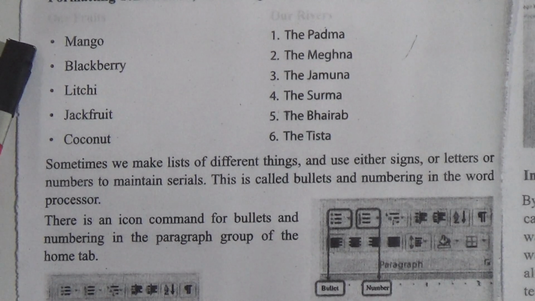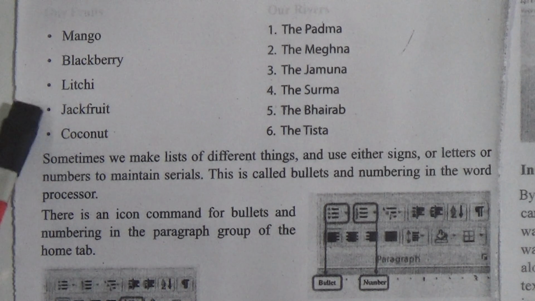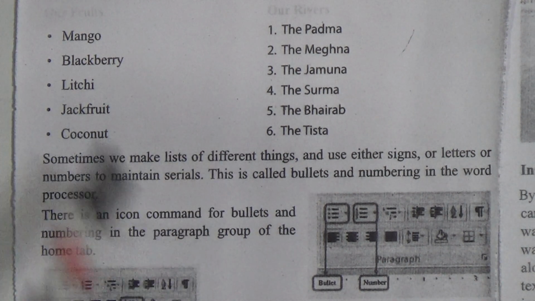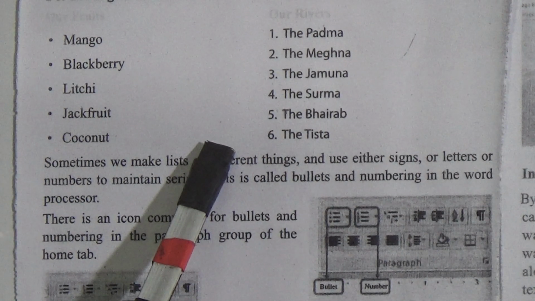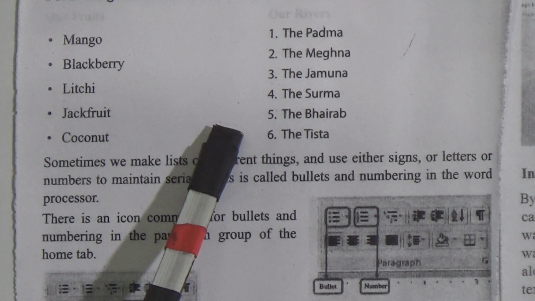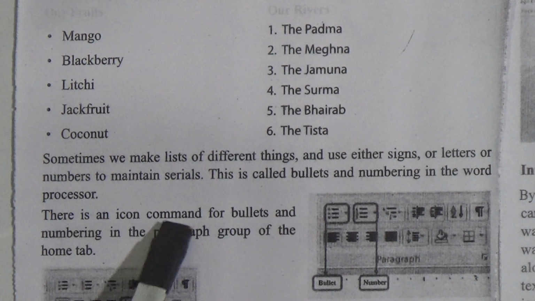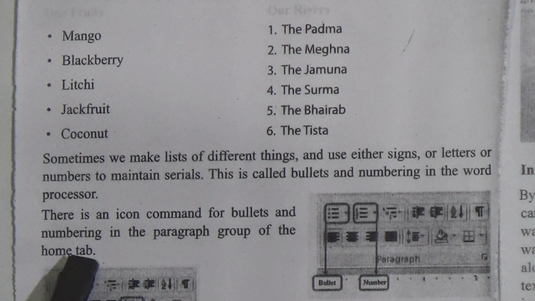You can see here in your text dots are used, and here numbers are used. We can also use stars and also different shapes of signs and symbols. There is an icon command for bullets and numbering in the paragraph group of the home tab.